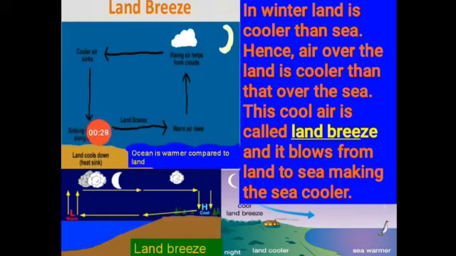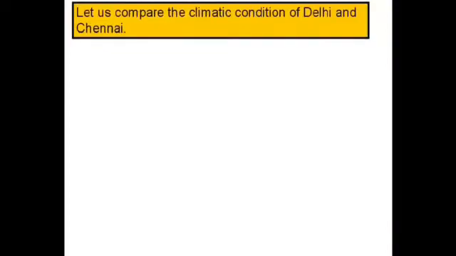The cool air which blows toward the sea, after reaching above the sea, becomes hotter and rises above. As it reaches high above, it moves toward land and sinks toward land and makes the land warmer.